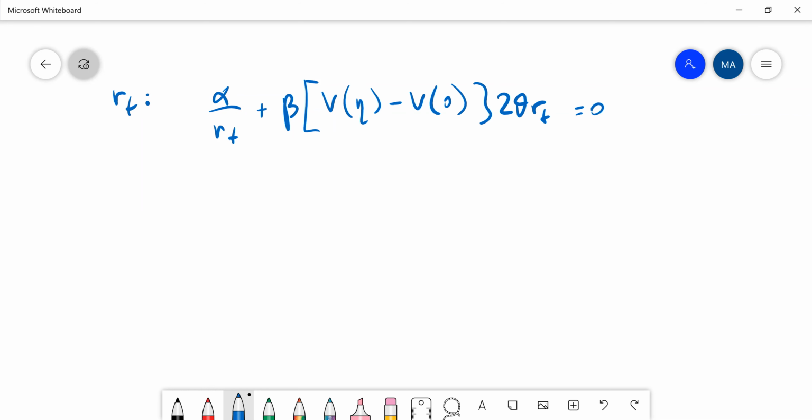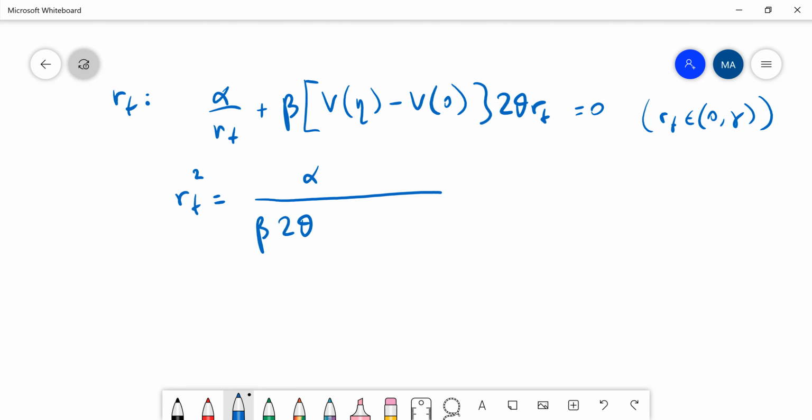And suppose that RT is interior. Now you have RT squared equals alpha divided by 2 beta theta times V0 minus V eta, right? Because this is positive.